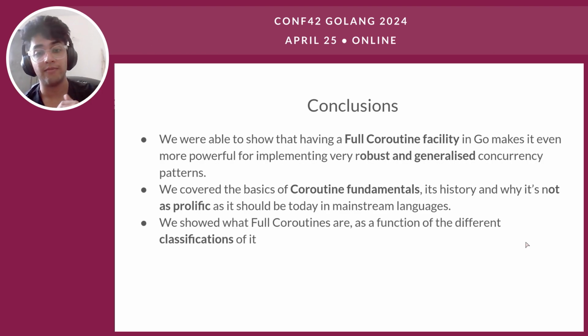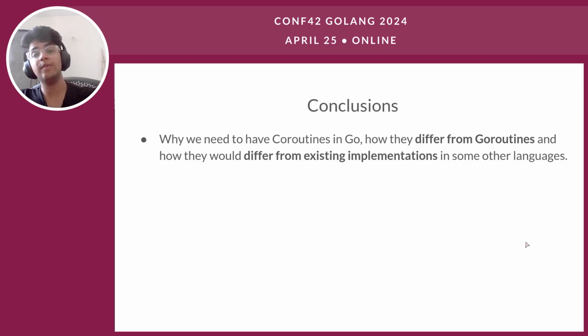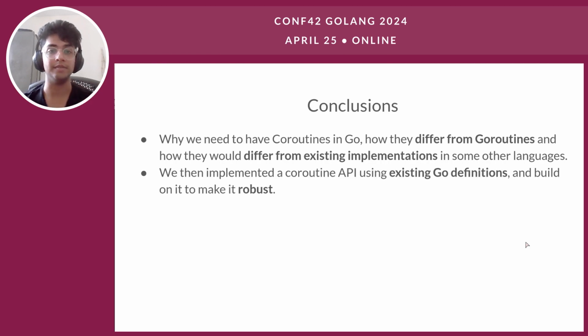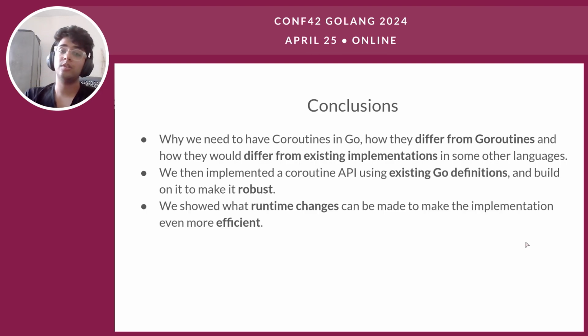We showed why we care about full coroutines, what full coroutines are as different classifications, why we need to have coroutines in Go and how they differ from Go routines and how they would differ from existing implementations in other languages like Python and Kotlin. We then implemented a coroutine API using existing Go definitions, and we built on it to make it a little more robust. We showed what runtime changes can be made to make this implementation even more efficient.